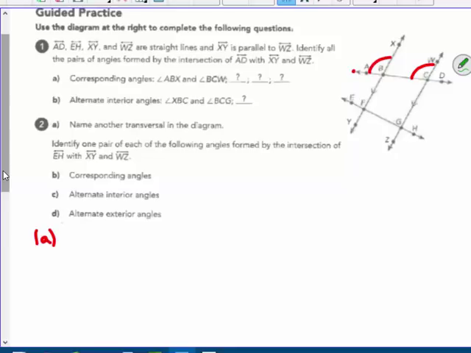XBC and WCD, those are corresponding. Use the symbol: angle XBC and angle WCD are corresponding. Also, another pair would be ABF and BCG.